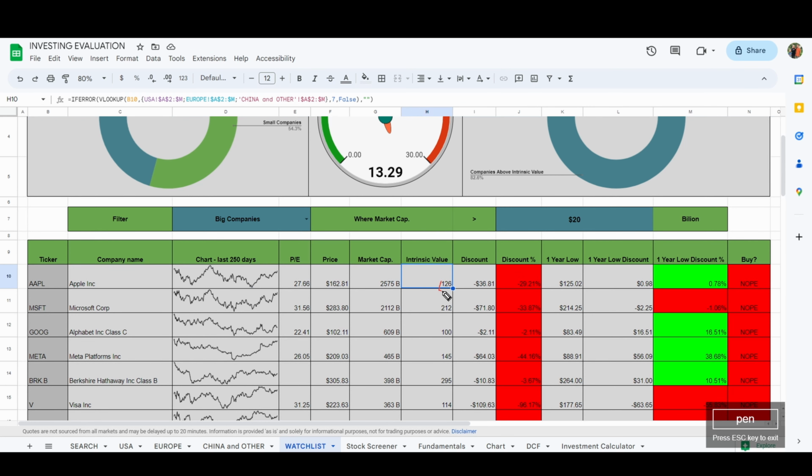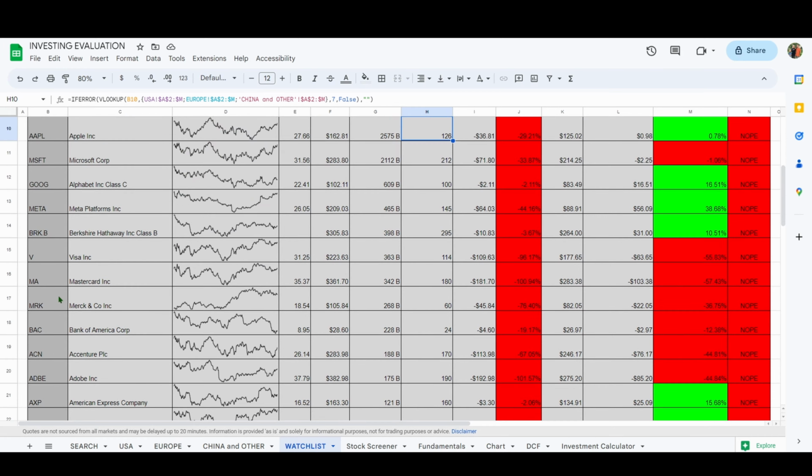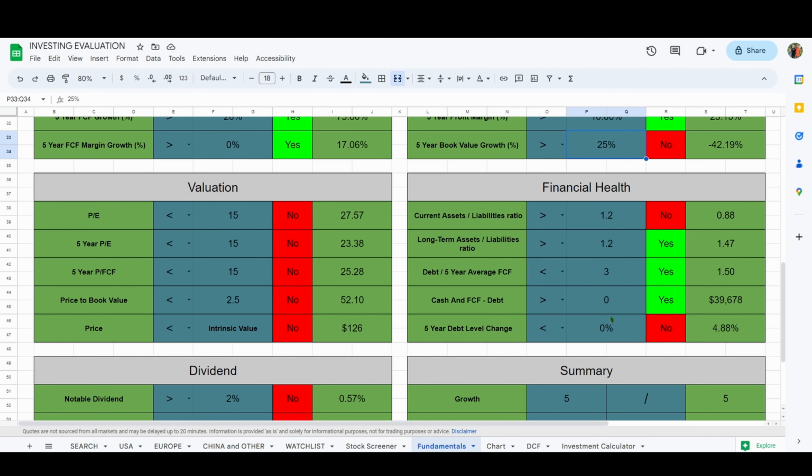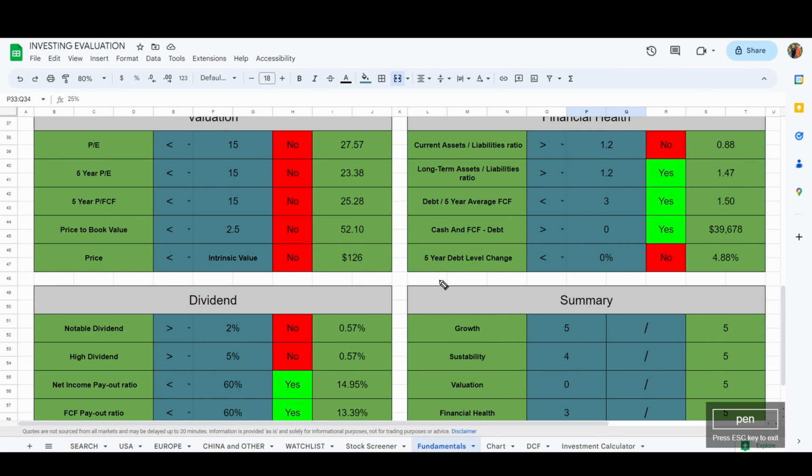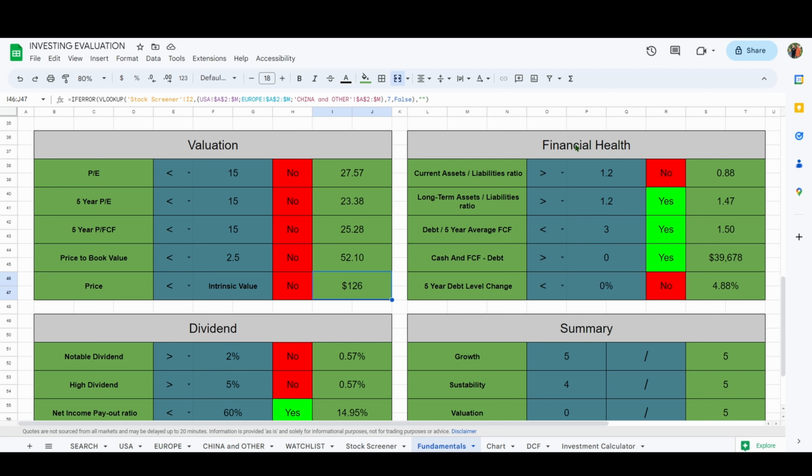You can see that the intrinsic value of Apple is 126, and it basically searches if I have calculated any intrinsic value for any stock. In the case of Apple, I have, so it's $126, and it basically checks if the price is smaller than the intrinsic value that I have calculated.